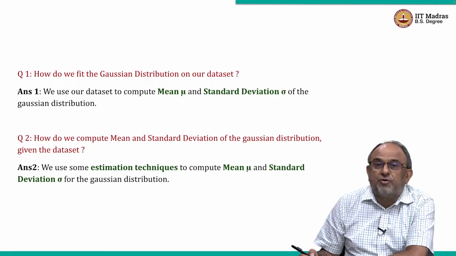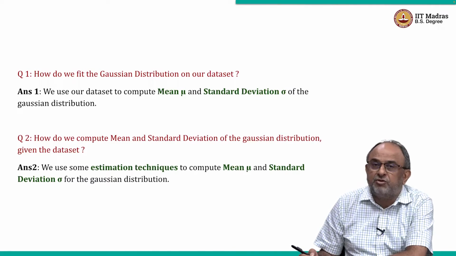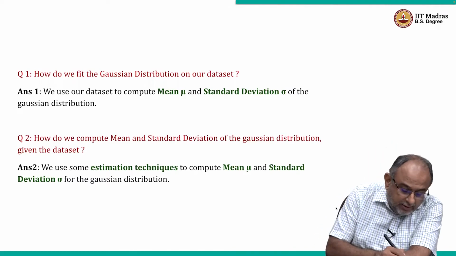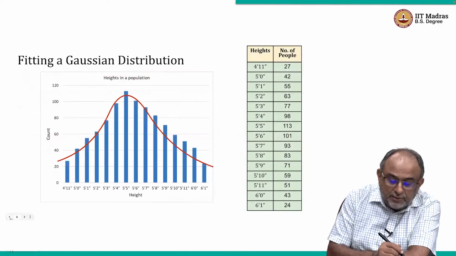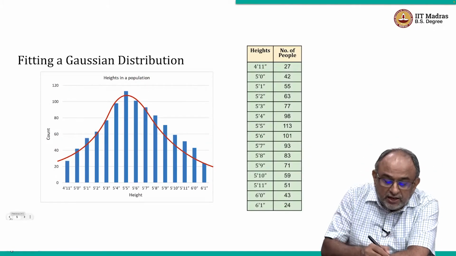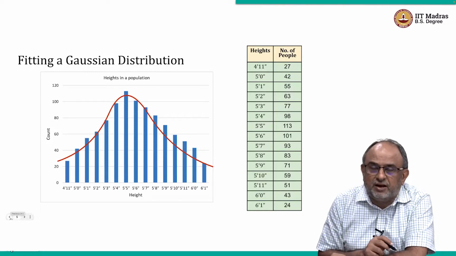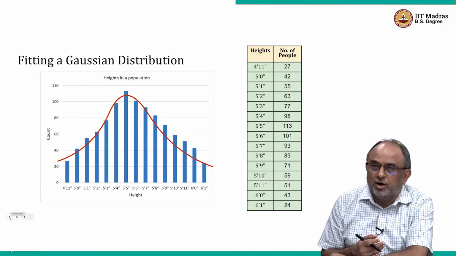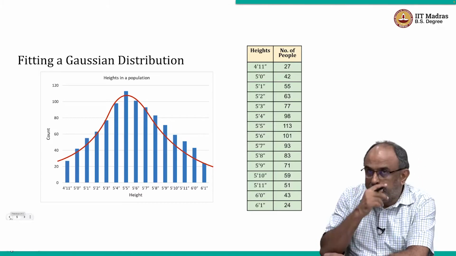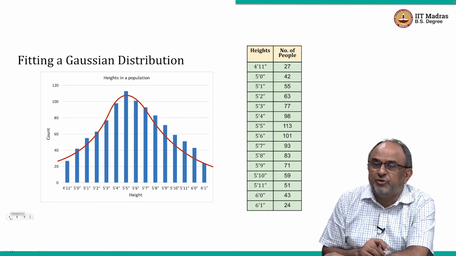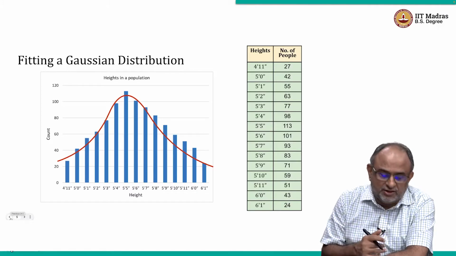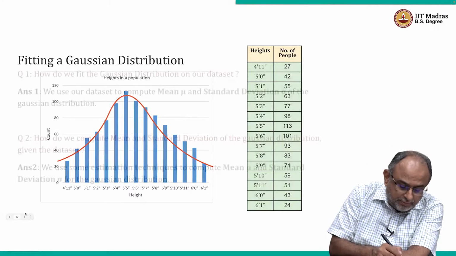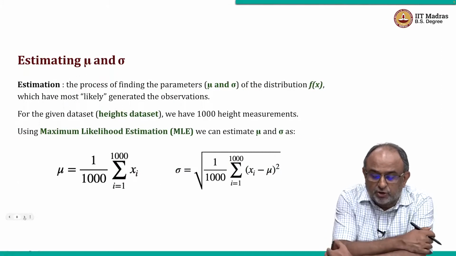Therefore, I have to estimate the parameters in such a way that they explain this data as best as possible. That is what we mean by fitting the model. So, I am going to choose that mean and variance such that it describes this data in the best possible manner.